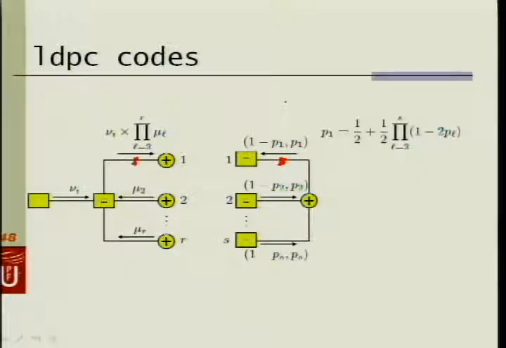So we need only to compute P1. Because of the simplicity of this node, P1 is equal to 1/2 plus 1/2 the product of (1 minus 2PL), where PL are the corresponding messages entering the node. So you see that the kind of calculation to be performed is quite simple. Of course, there are a lot of them, because if you want good performance for the code, we need a long block code.